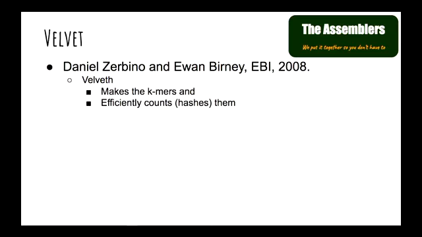So it makes the k-mers and very efficiently counts them, all in O(N) time, just by the number of reads. And then you run another program called velvetg, which takes the reads that velveth hashed into k-mers, builds the graph, and then simplifies the graph and traverses the graph. Originally, he was going to break it into 5 different programs, and it was too hard.